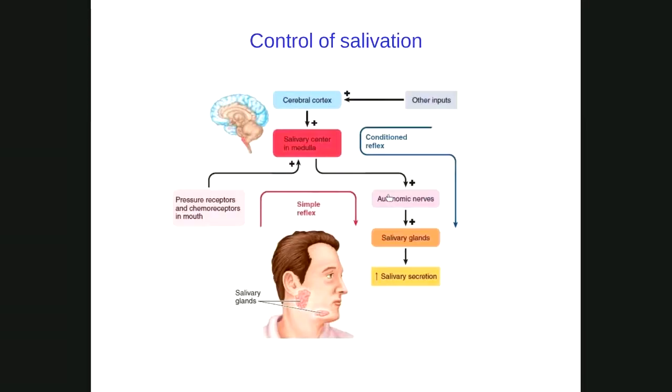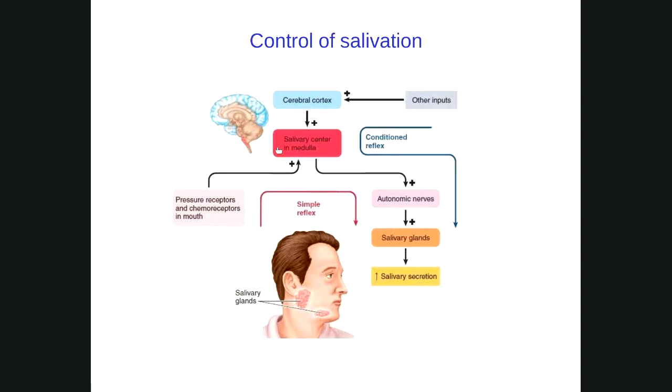So the control of salivation is mainly by a special center, a salivation center that exists within the medulla oblongata, the same place where the respiratory center exists. So now you can see that many vital centers are located within the medulla, and we will continue mentioning other vital centers which also exist within the medulla oblongata in the brainstem region.